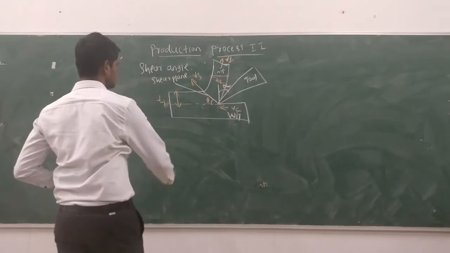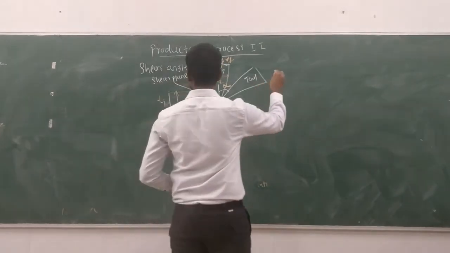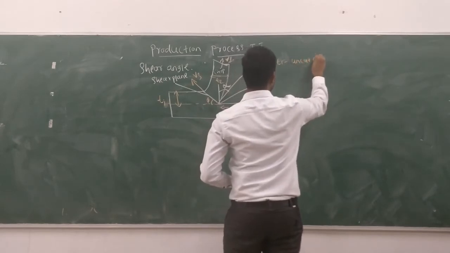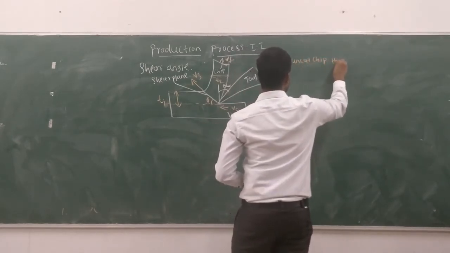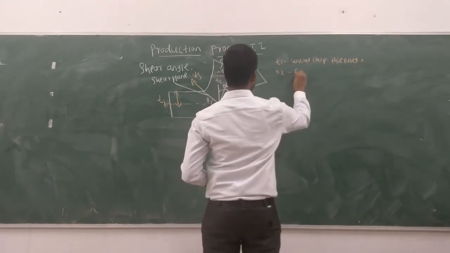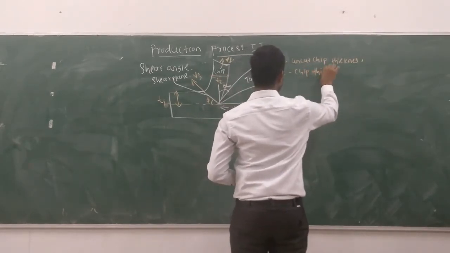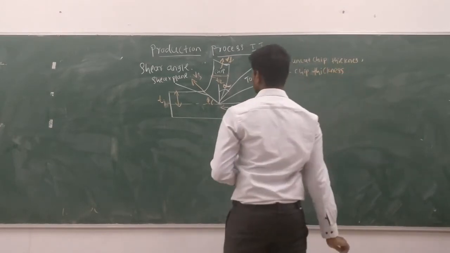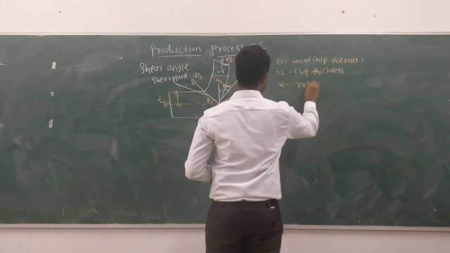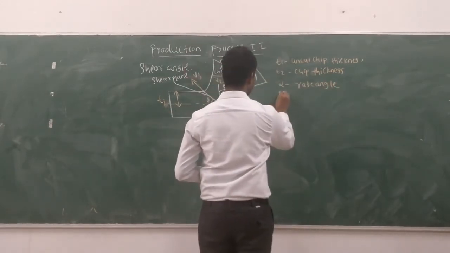Okay, this is a workpiece. I will just write the notations. T1 means uncut chip thickness, T2 is chip thickness, alpha is the rake angle, and phi is the shear angle.